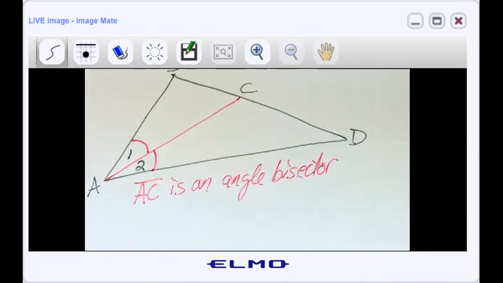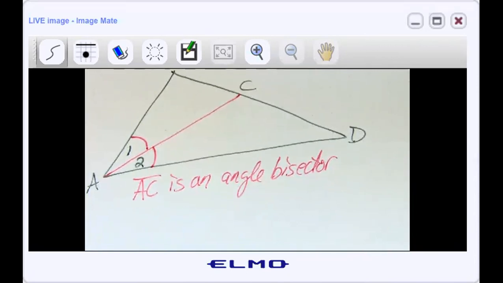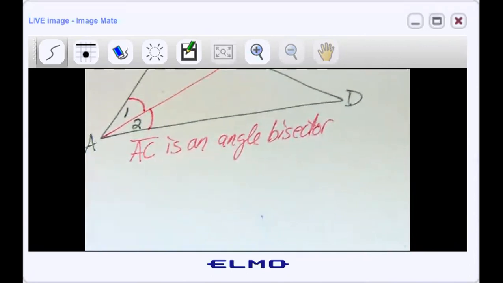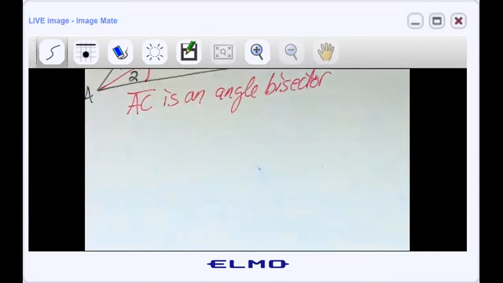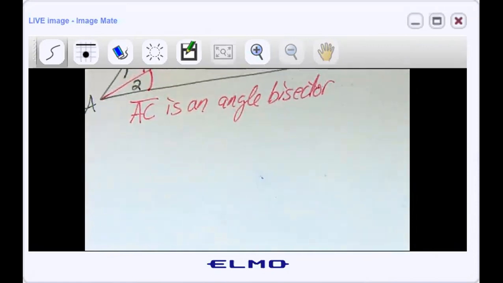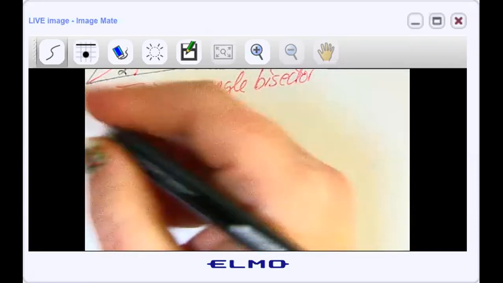Okay, so far so good. Let's try and throw some numbers in here and see how that goes. I'm going to give you a set of directions.